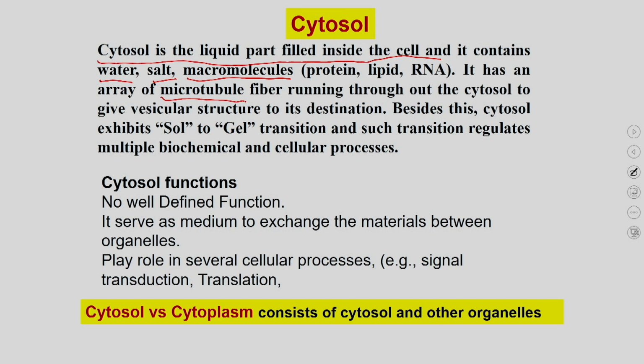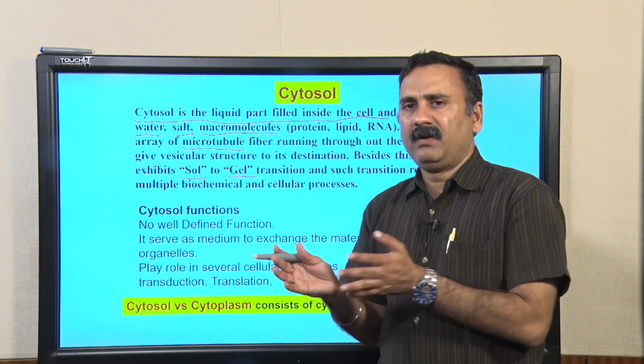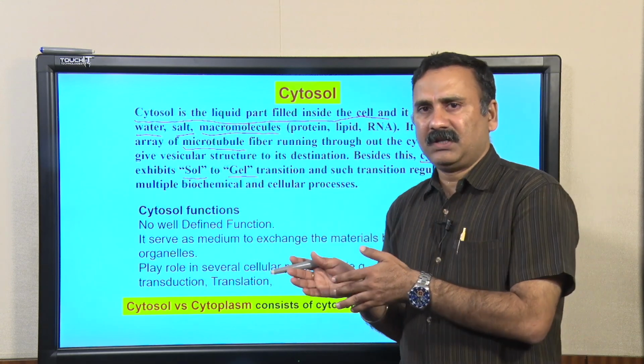Apart from that, the cytosol is going from one state to another state, and one state is called the sol state and the other one is called the gel state, and these transitions are always happening inside a eukaryotic cell. It depends on the weather as well, so that when it is winter, the cytosol is going through sol to gel transitions.